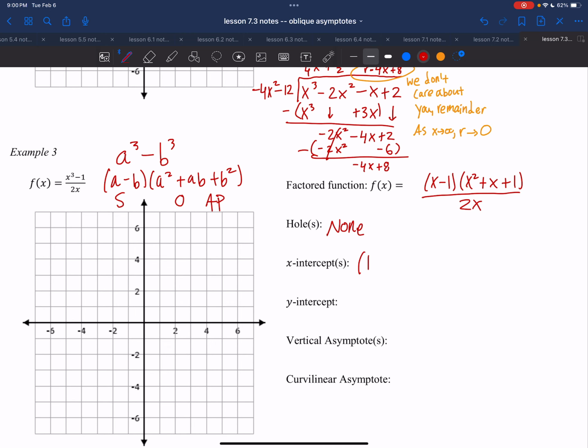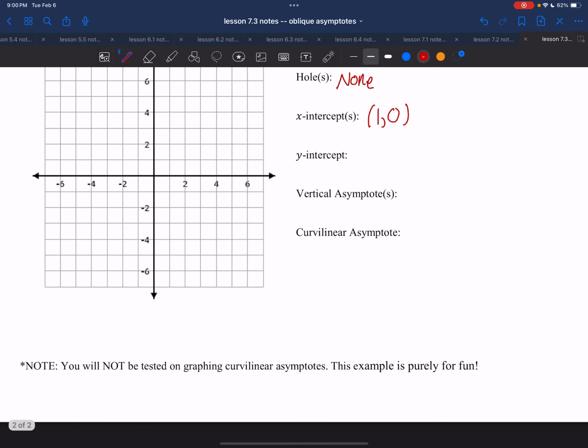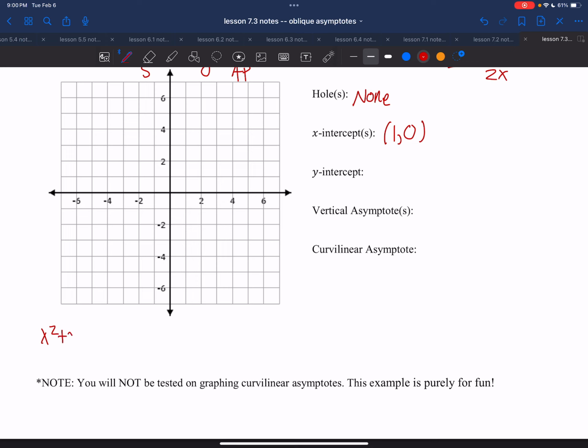I have one noticeable x-intercept at (1, 0). Do I have any others? Well, what makes x squared plus x plus 1 equal to 0? I'll let you think about that for just a moment. It's a quadratic, and two numbers that multiply to get 1 and add to get 1? Oh, no such thing exists. So how do you find the roots of a quadratic that is not factorable? You sing a little song. You sing x equals negative b plus or minus the square root of b squared minus 4ac all over 2a.